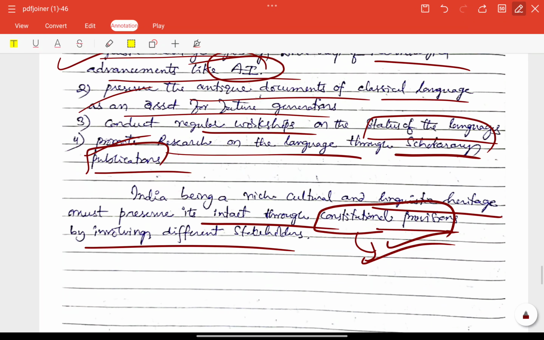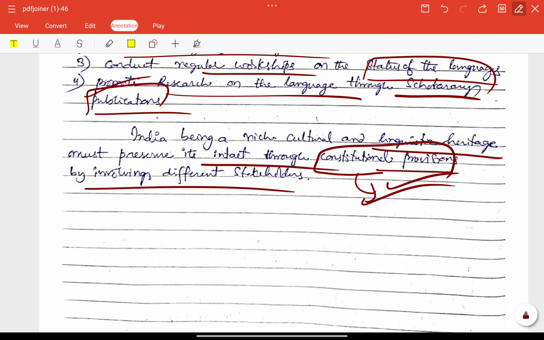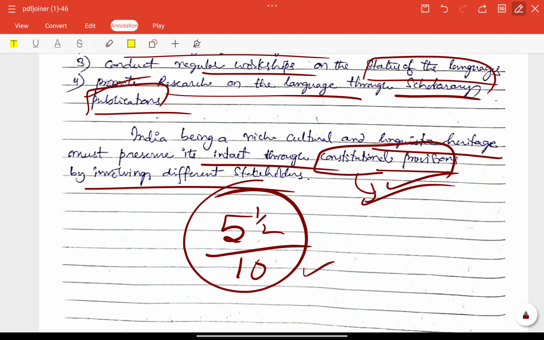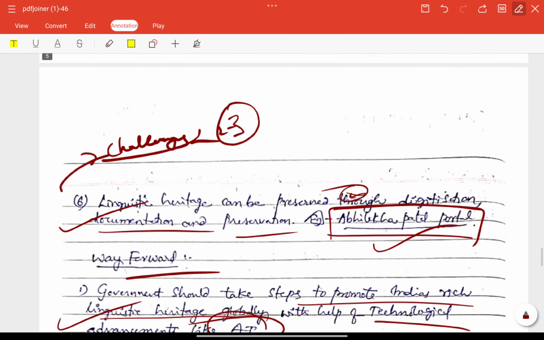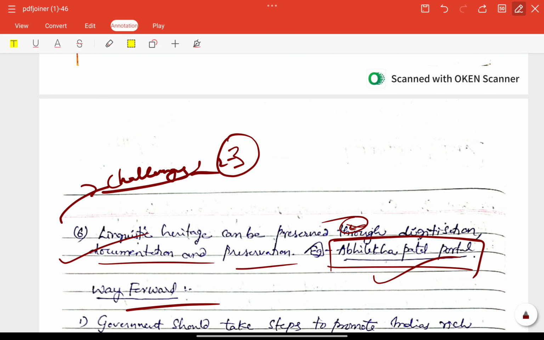Okay, so let's check the flow, continuity, or important structure or approach missed, like challenges, etc., right? The remaining is okay. So for this answer, 5.5 out of 10 marks is good, right? Some important missed keywords are, for example, we can talk about the International Tamil Conferences, or the Classical Telugu Studies Center at Hyderabad University, right?